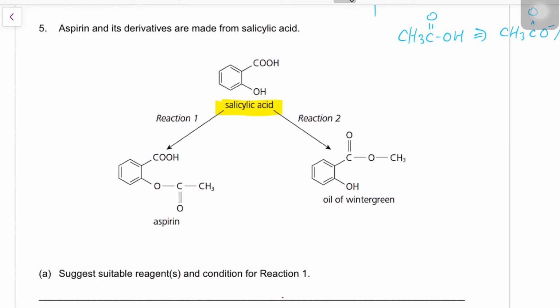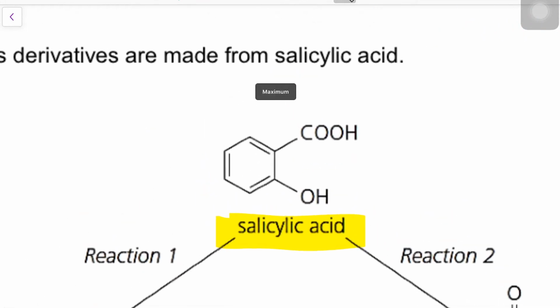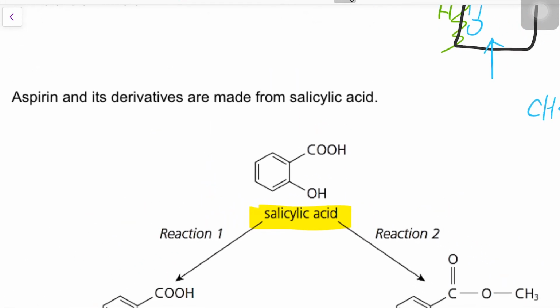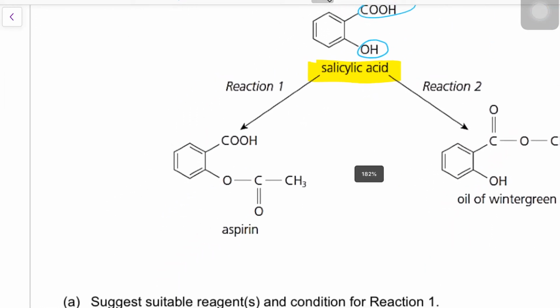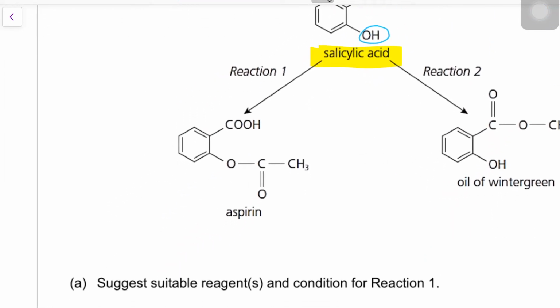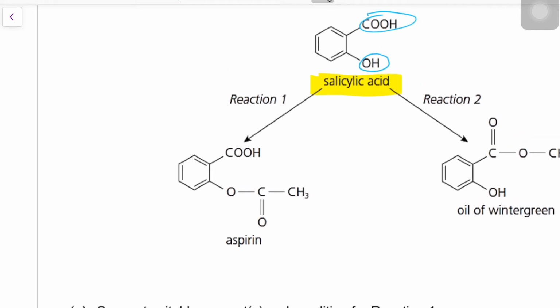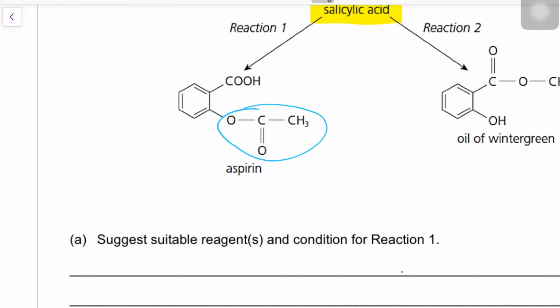Now, here you can see the salicylic acid looks like the aspirin. You got an acid and an alcohol. Here shows after reaction 1, it becomes aspirin. So the OH group becomes an ester group. I think all of you can understand the reaction condition.